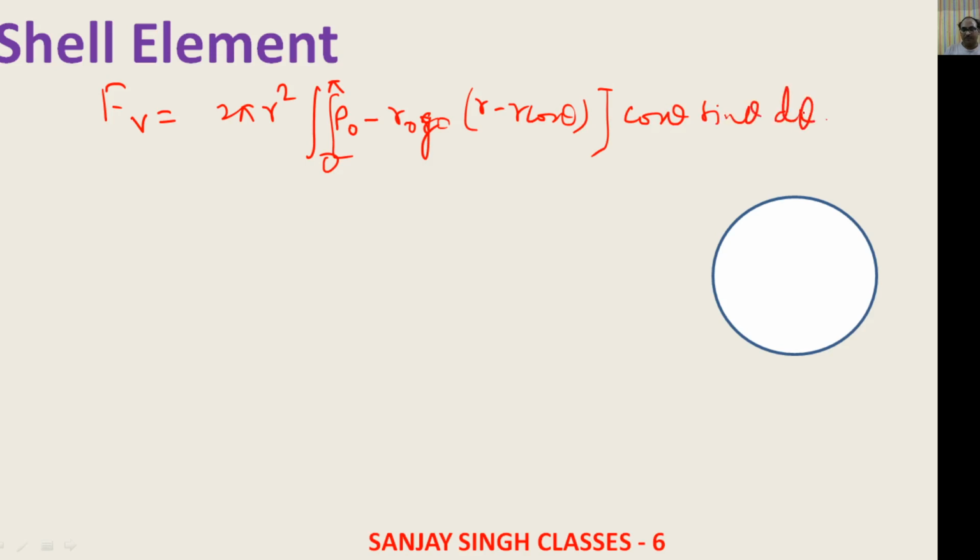Now let me solve. We have this 2 pi r square, let us keep it outside only.